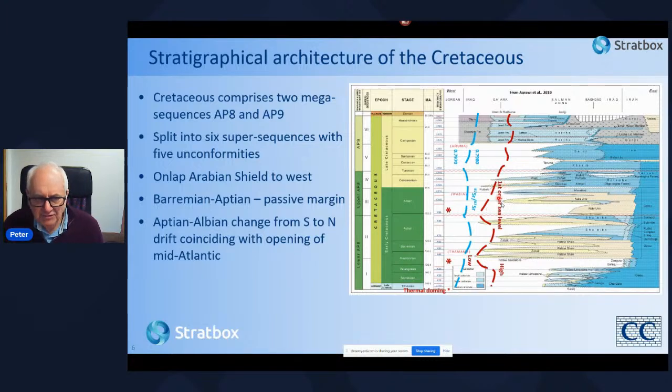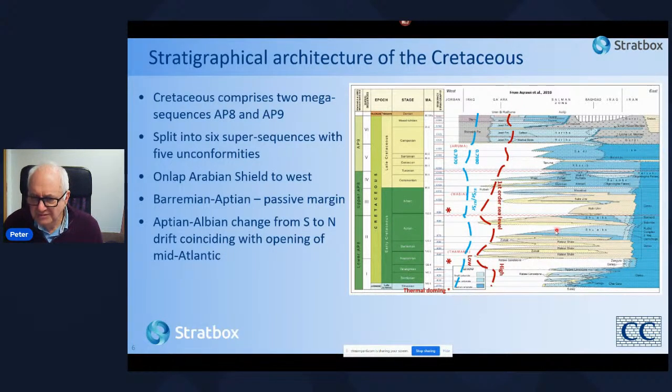So these systems onlap the Arabian Shield to the west. From the Barremian to the Aptian, it is essentially a passive margin, and from Aptian-Albian we see a change from south to north drift coinciding with the opening of the mid-Atlantic.